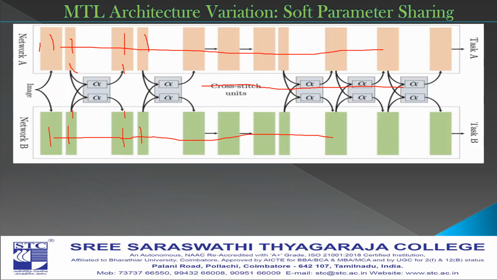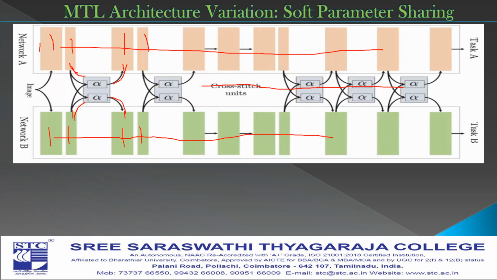So this alpha is some value, it can be 0.5 or 0.2 or 0.9, let's say from 0 to 1. So this alpha takes, let's say, 50% of values from here and 50% of values from here, and blends them together and shares them to this part.